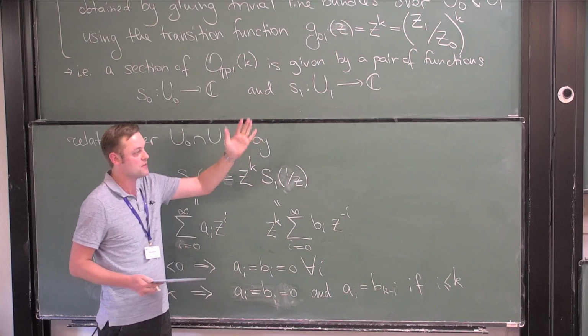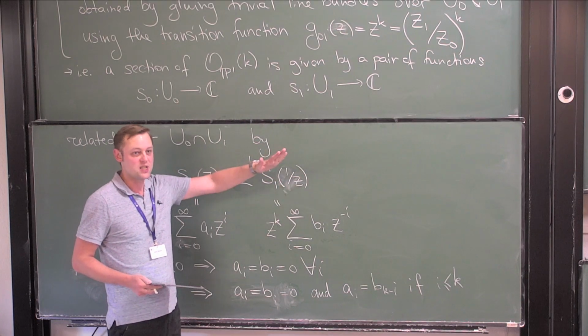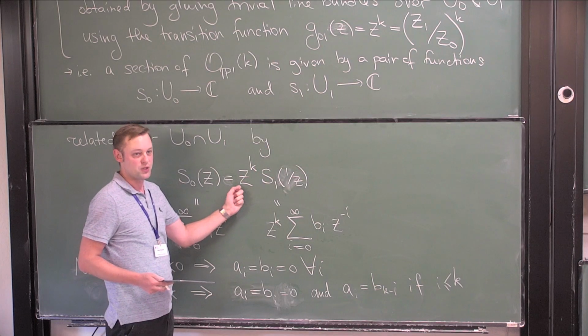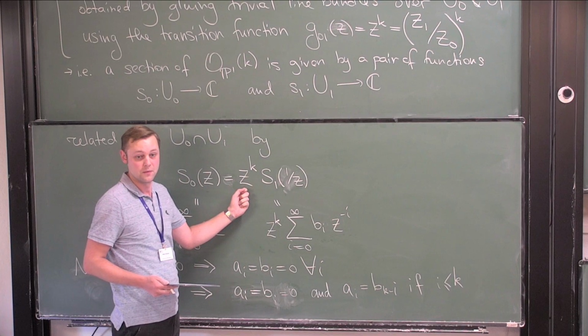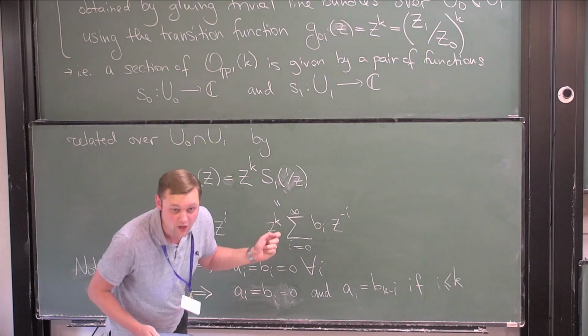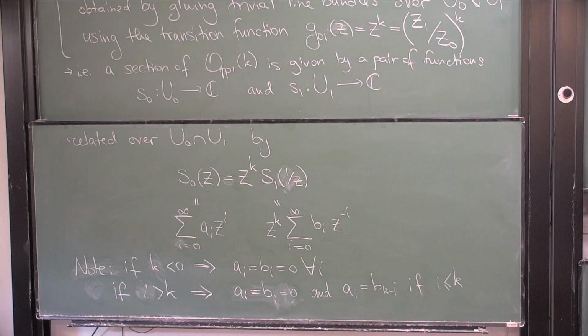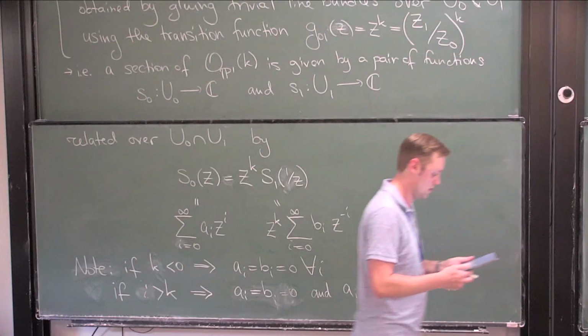As long as k is not 0, if it's negative, this bundle has no sections at all. If it's positive, it does have sections, but because this z with a positive power is popping up in this relation, that means it will have roots. Yeah, it has a place to vanish. So the only case in which this doesn't happen is when k equals 0, and that's the trivial bundle.